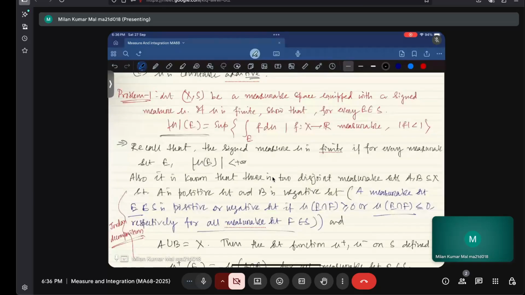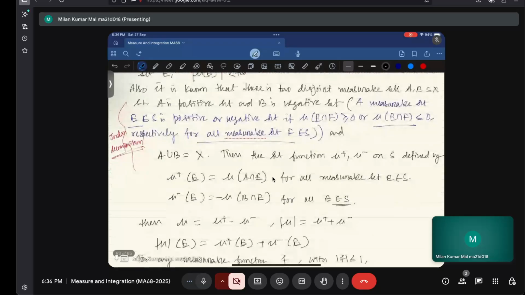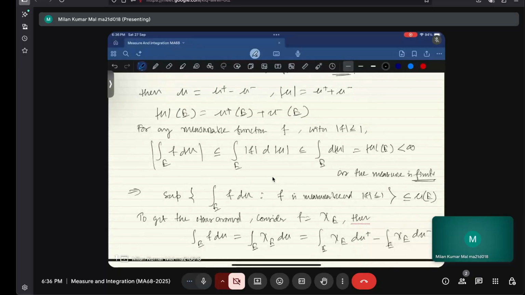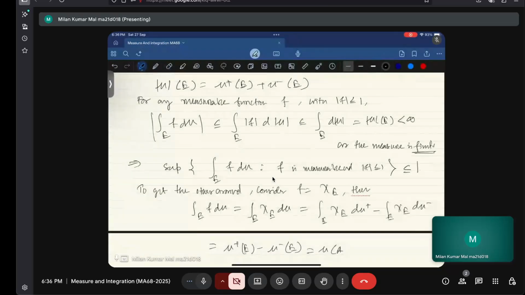Okay, let me check the problem again. Constant value mu of E by mu of E. Okay, so consider the function. I think we have to consider it a little differently.